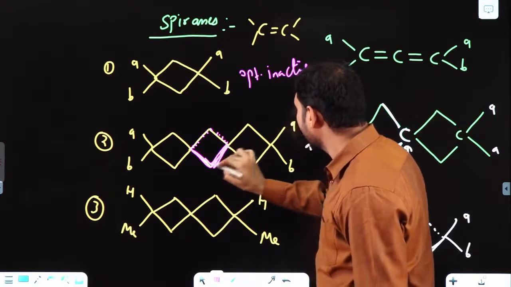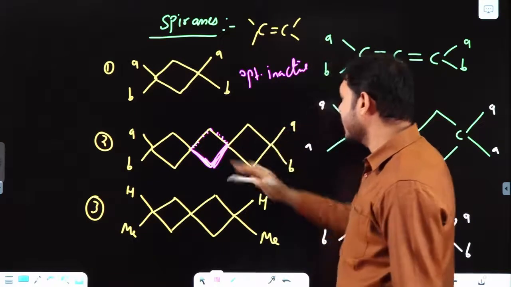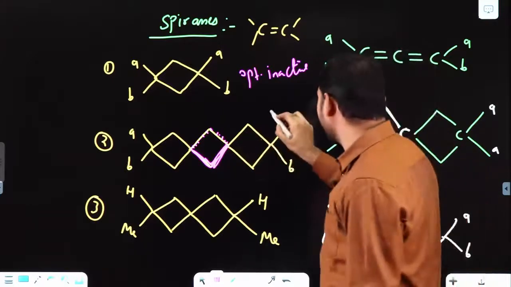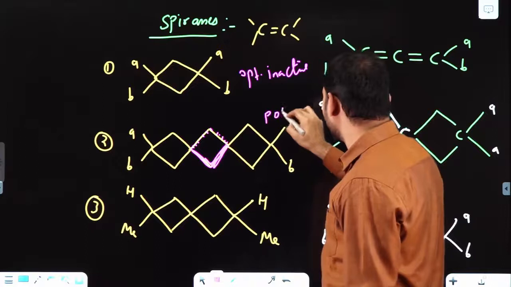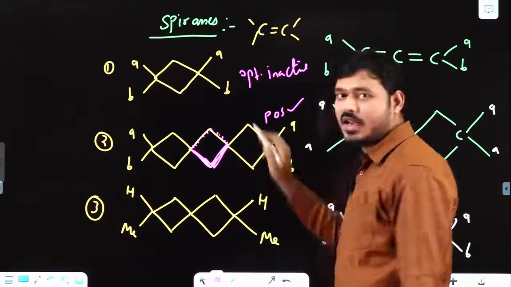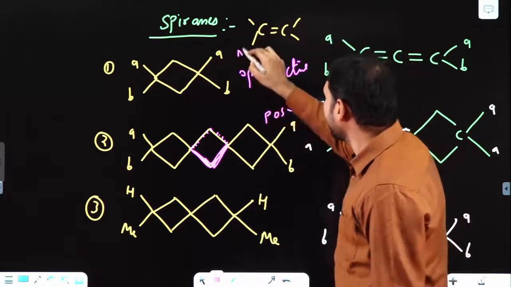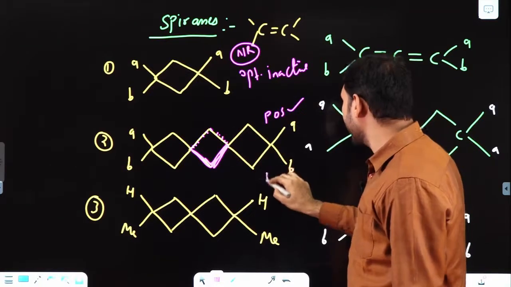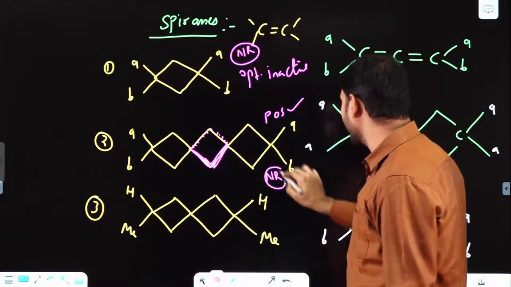But these two are planar, so we can cut this molecule into two equal halves. So this also has a plane of symmetry present, so it is optically inactive, which means this one was non-resolvable as it is optically inactive. This is also non-resolvable as it is optically inactive.